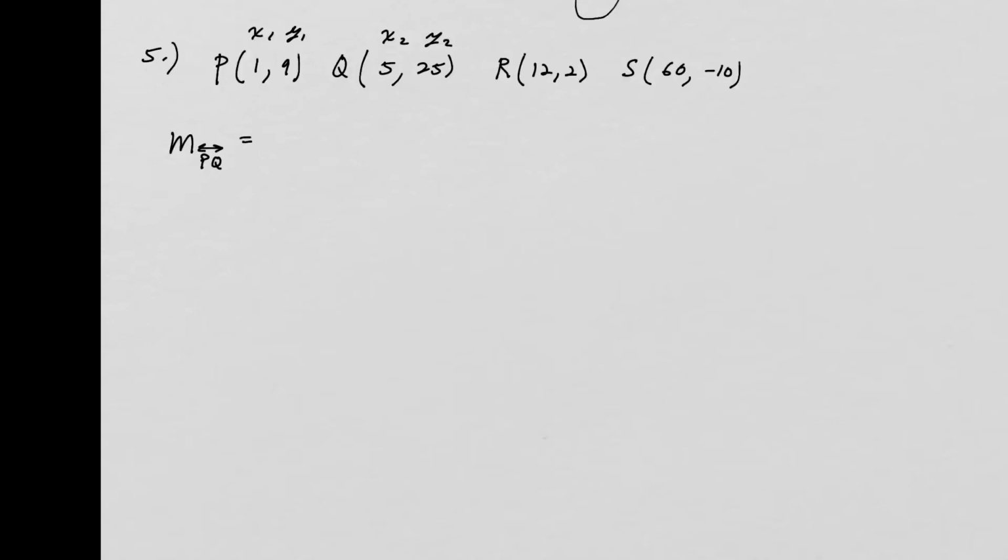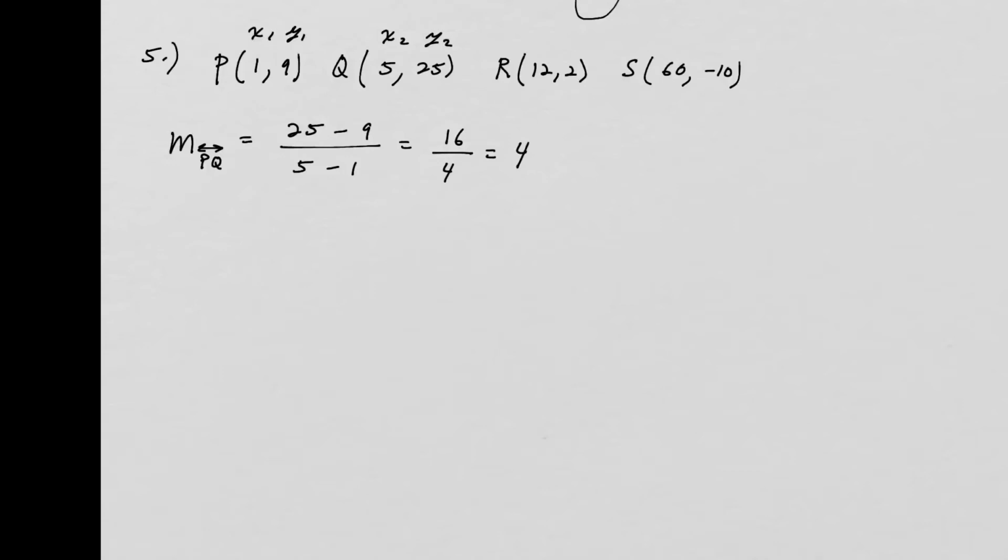So, of course, it's the usual, right? It's going to be y2, 25, minus y1, which is 9, over x2, 5, minus x1, which is 1. Well, 25 minus 9 is 16. 5 minus 1 is 4. And then 16 divided by 4 is 4.